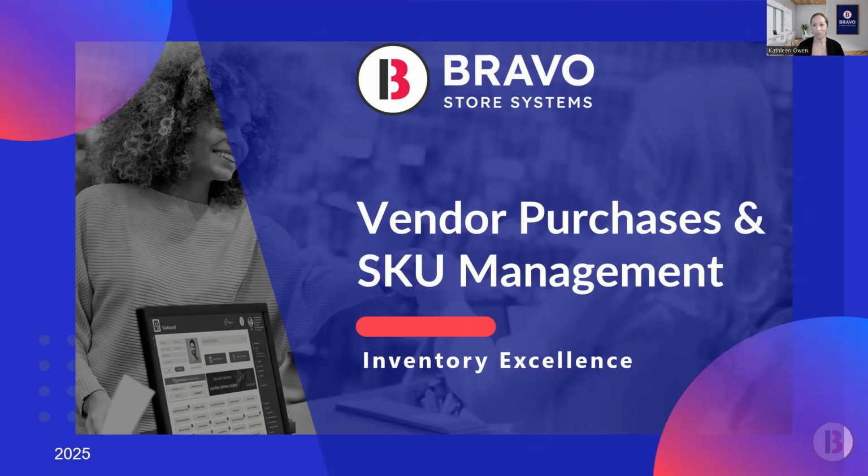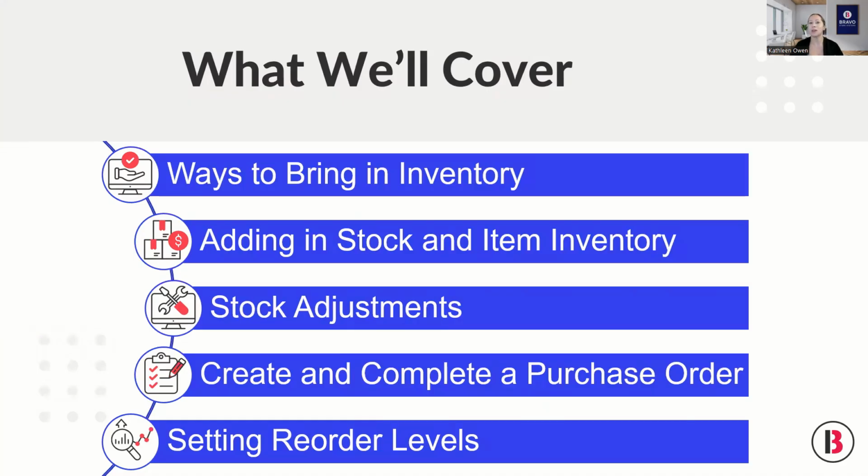I'm gonna go ahead and walk you through today's session on how to manage vendor purchases and SKUs inside Bravo. So let's go ahead and talk about some of the things that we're going to be covering today. First, we're going to walk through how to bring items into inventory.